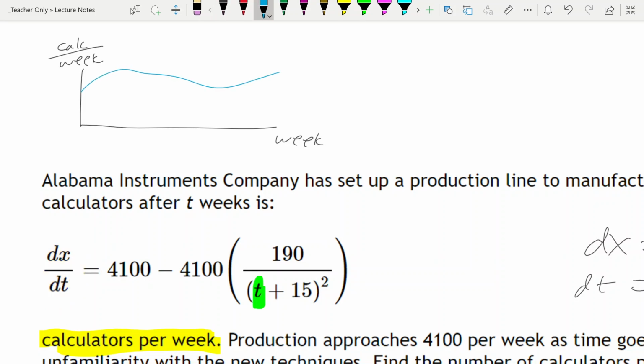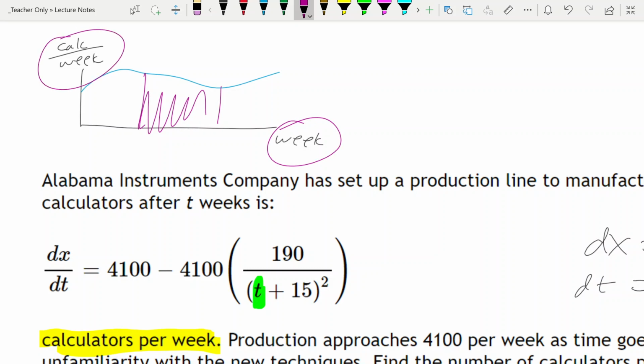Now, we want to ask ourselves, whatever that function might look like, what would the integration look like? Well, the integration would be the area under the curve, right? Which is width times height. And so that'd be the units of weeks times calculators per week. Calculators per week times weeks.